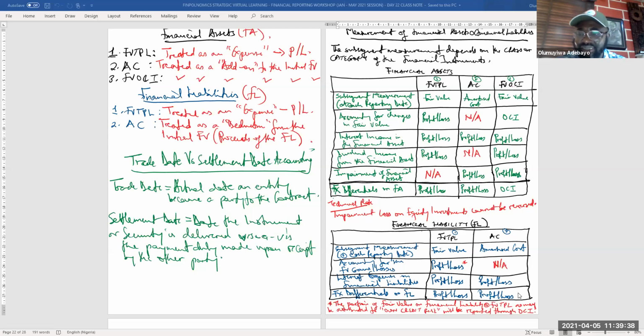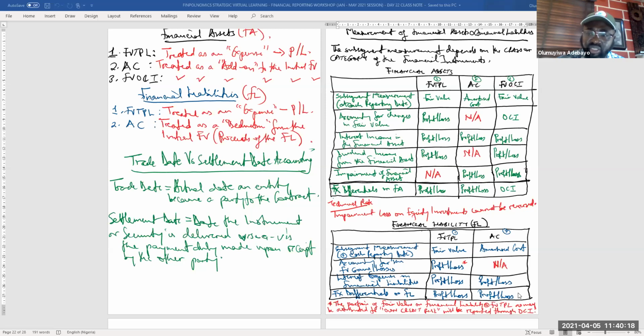But you are seeing that such a gain, since it's not market driven, is entity specific, driven by its own deterioration and increase in its risk of default. Such should be reported in OCI, which means if there's a fair value gain of $100,000 and $20,000 of it can be ascribed to the deterioration in the credit quality of Imponomics Green Finance Limited, which has brought about that additional 20 in addition to the 80 which the market brought in, that 20 will be separated from the 80.